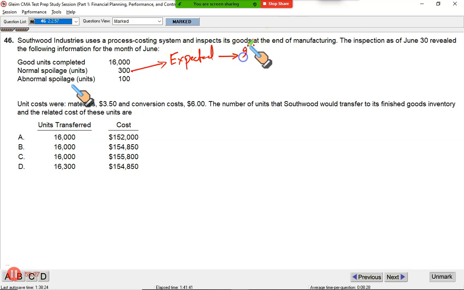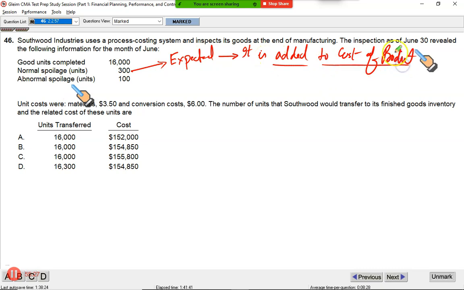It is added to cost of production. So normal spoilage, normal loss, these are the loss units which are expected. That happens. It's a normal part of production. So what we do with this loss is that it is added into the cost of production, to the cost of good units.